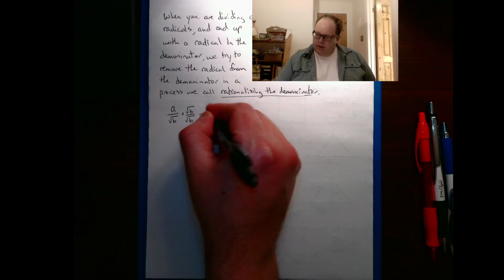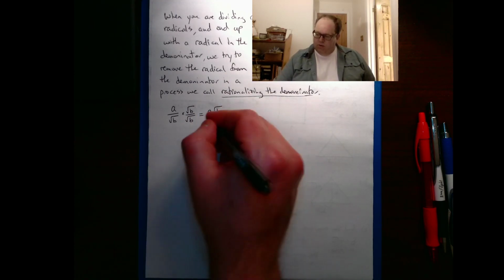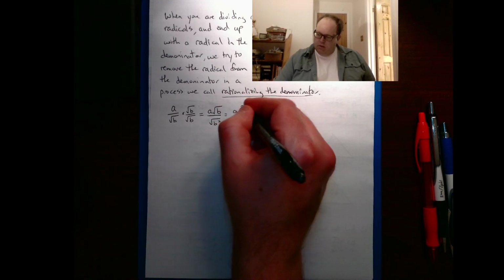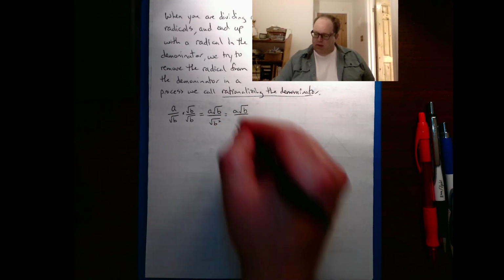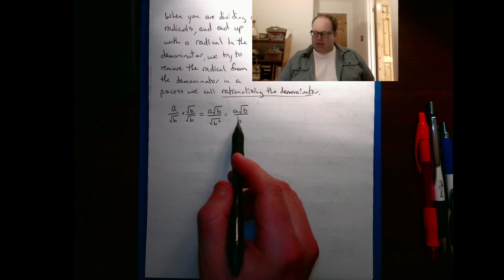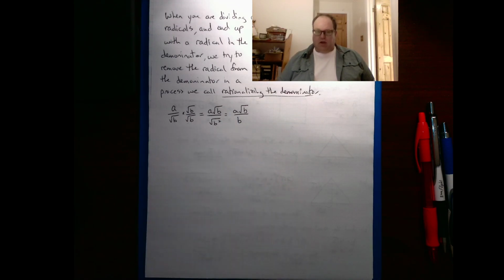In my numerator, I end up with a root b. In my denominator, root b times root b is the same as root b squared. And the square root of b squared is simply b. And now I have rationalized the denominator. I've gotten rid of the radical that was in the denominator before.